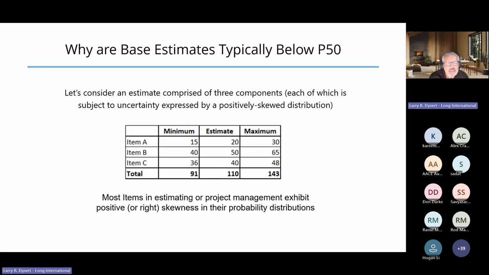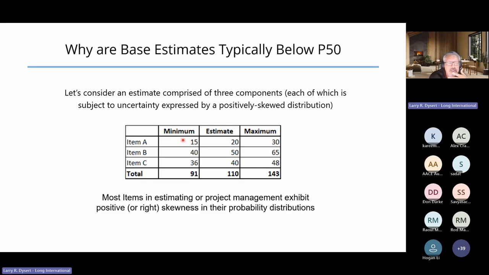Let's look at a simple example where we have three components to our estimate. Components A, B, and C, and to each of these, we've tried to evaluate the uncertainty associated with it. For item A, our most likely value that we think will occur is 20.